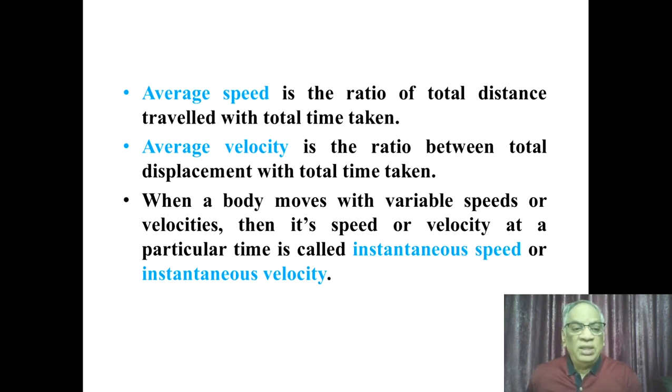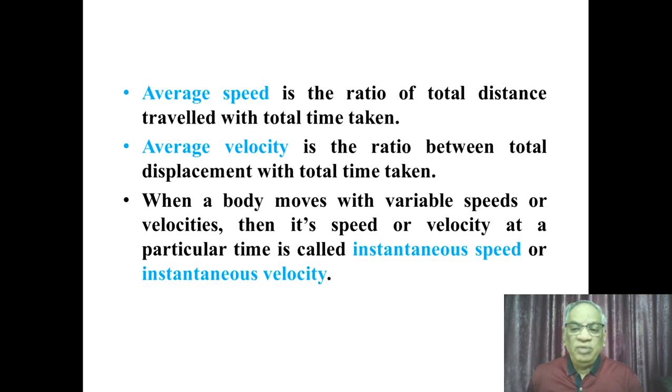So average speed is the ratio of total distance traveled to total time taken. Average velocity is the ratio between total displacement and the total time taken. That is when it is moving with uniform speed or velocity. If the body is moving with variable speeds or variable velocities, then its speed or velocity at a particular time is called instantaneous speed or instantaneous velocity.